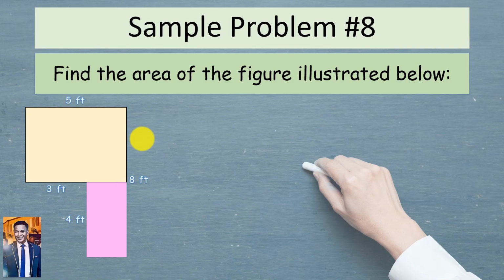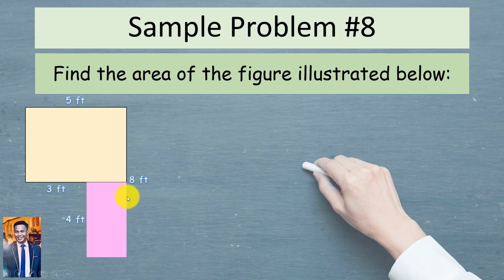Kung mapapansin nyo, this one is 8 feet. Ito daw buong to 8 feet. Okay? So kung itong buong to ay 8 feet, and alam natin na ito ay 4 feet. Okay, since this is a rectangle, etong dalawang height na ito, kung ito 4 feet din ito.